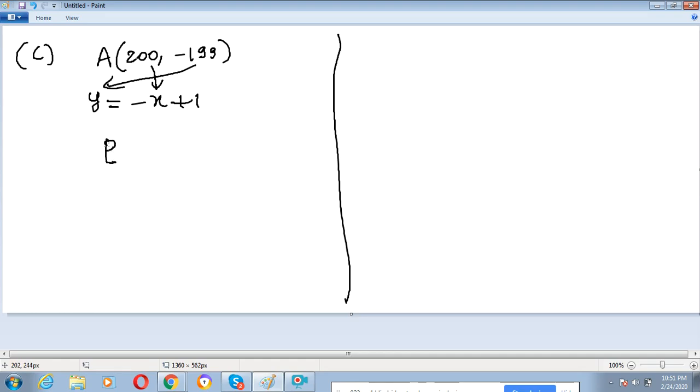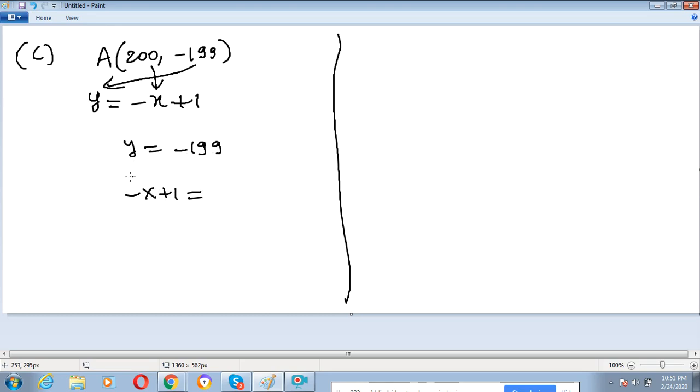Right hand side, when you put the value of y, you get minus 190. Sorry, left hand side. Of course, in the UK they don't write LHS and RHS, I think. So you can write y as minus x plus 1.